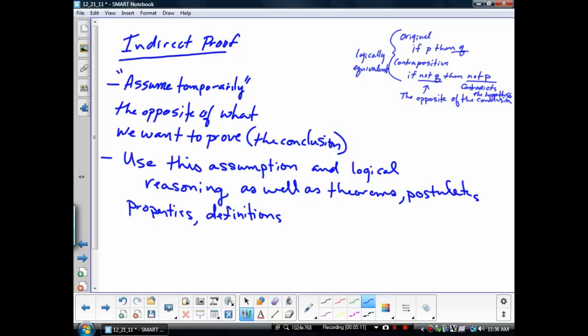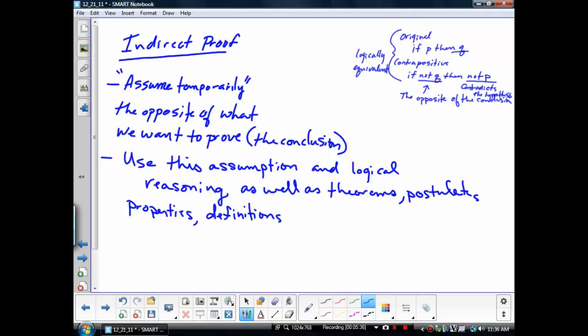And sometimes even part of the given to arrive at a contradiction to either the other part of the given or some well-known fact, such as if you come up with the angle sum of a triangle being something rather than 180, right? Then that would be a false statement.